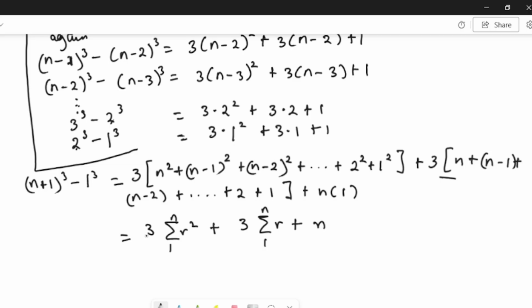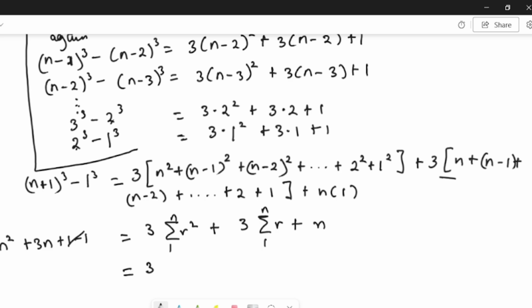And on the left hand side, we have to expand. We're going to get n cubed plus 3n squared plus 3n plus 1 minus 1. Now 1 minus 1 will cancel out and give us a 0.